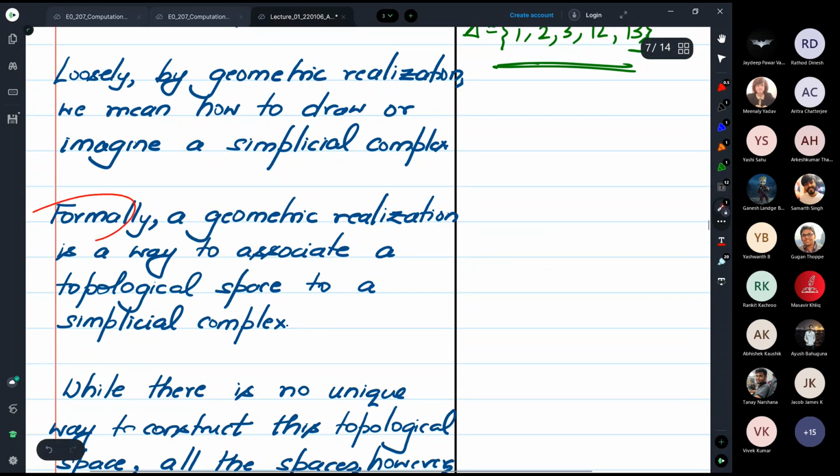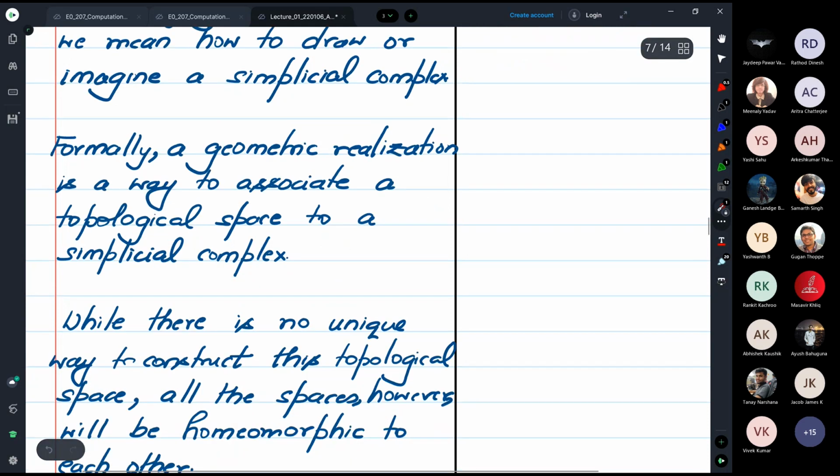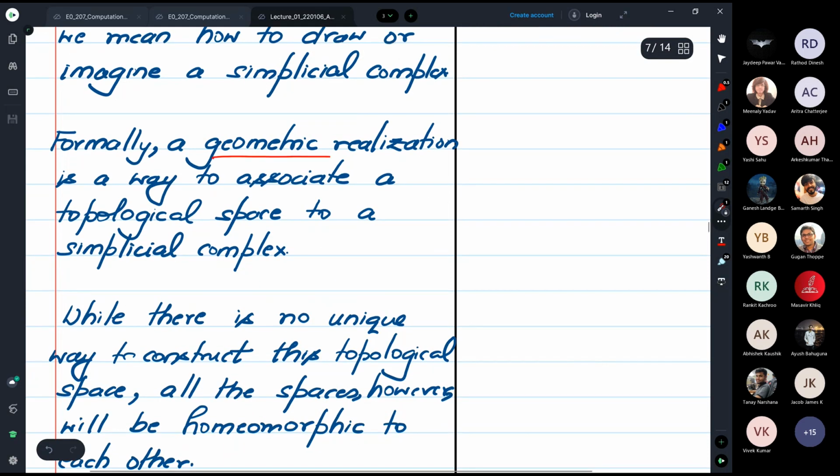Formally, what do we mean by a geometric realization? Well, formally, a geometric realization is a way to associate a topological space to a simplicial complex. Okay, so the formal description of a geometric realization involves a technical concept, that of a topological space, right?